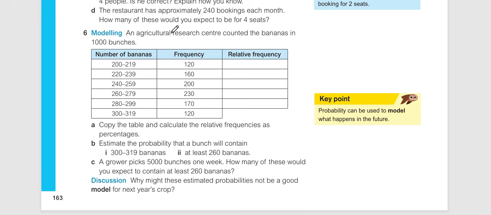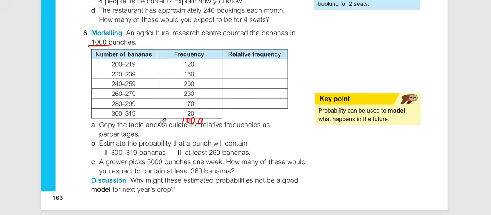So altogether, if you add these frequencies to find the total frequency, what will be the answer? It's going to be 1000, because they have already mentioned in the question that they counted bananas in 1000 bunches. So the total frequency here is 1000.